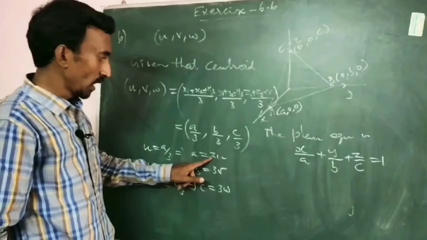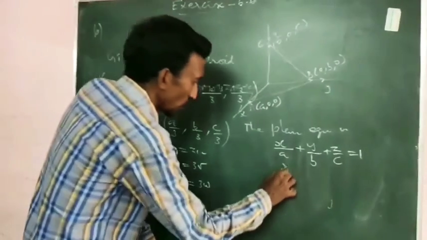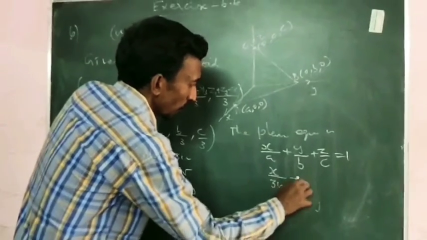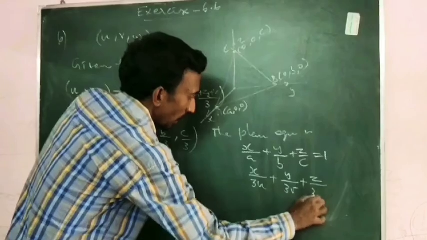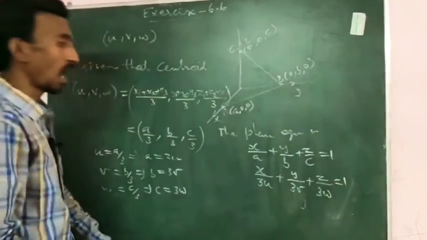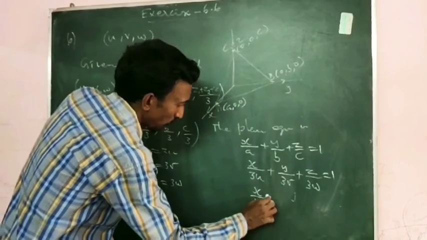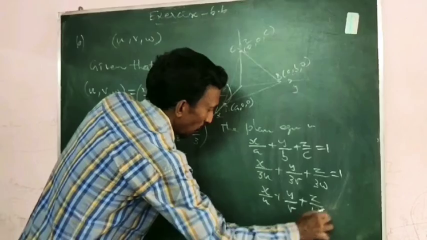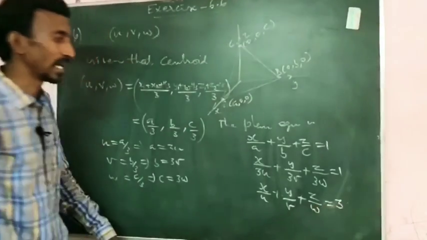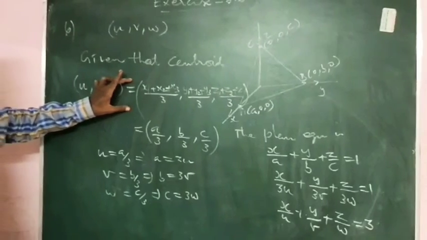So what is a? 3u, b is 3v, c is 3w. So x by 3u plus y by 3v plus z by 3w equal to 1, or take 3 as common and cross multiply. We are getting x by u plus y by v plus z by w equal to 3. So that is the required equation of the plane. So we need to remember the centroid formula, that's all.